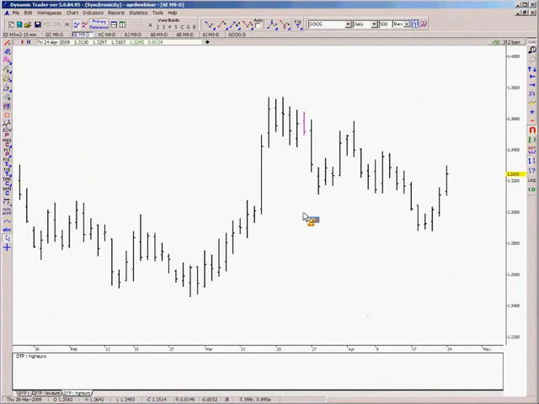Now, what I want to do in the euro is look at the current market activity. Here, you've got a bit of a pattern of lower lows and lower highs. Now, I did have timing at that last low in the euro.